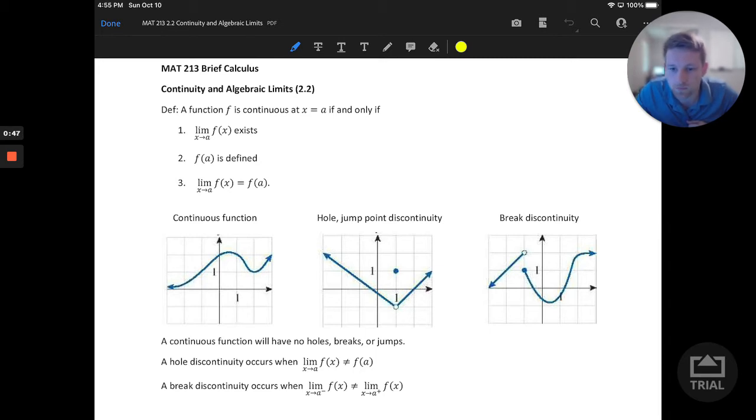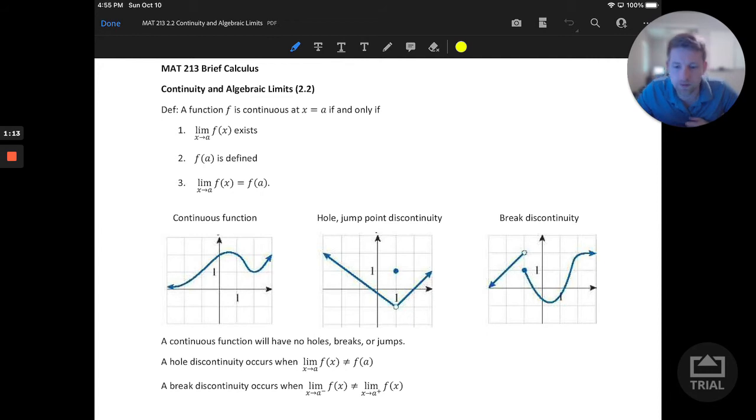The functional value is defined. And then number 3, the two-sided limit, the limit as x goes to a of f of x, is equal to the functional value at f of a. So those three things have to be true for a function to be continuous at a singular point, x equals a.